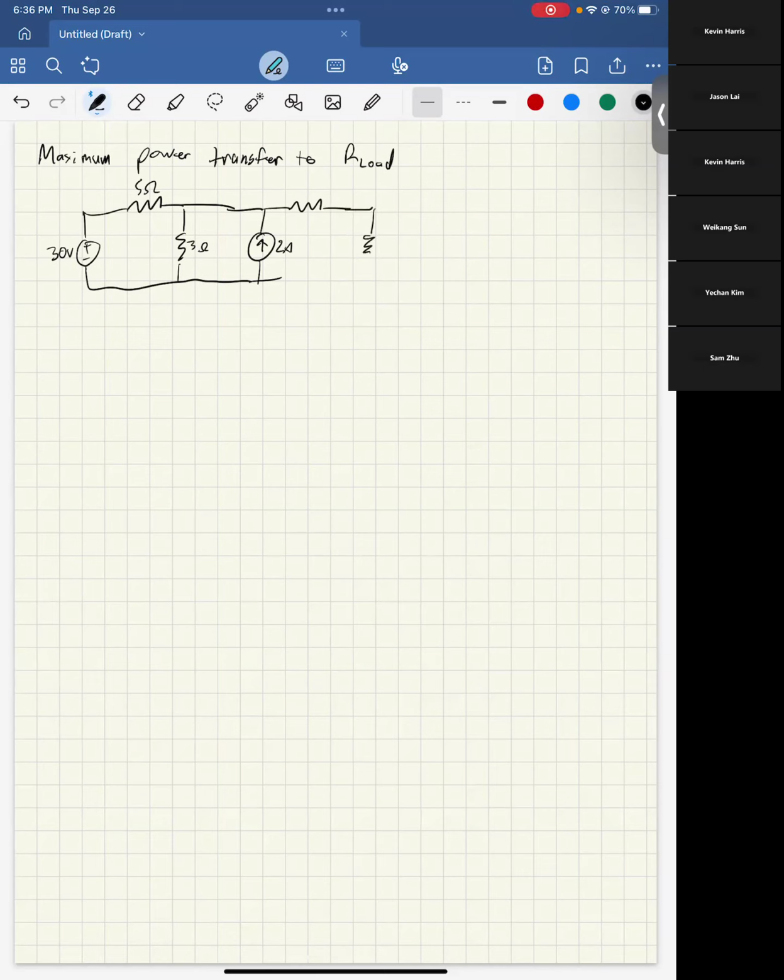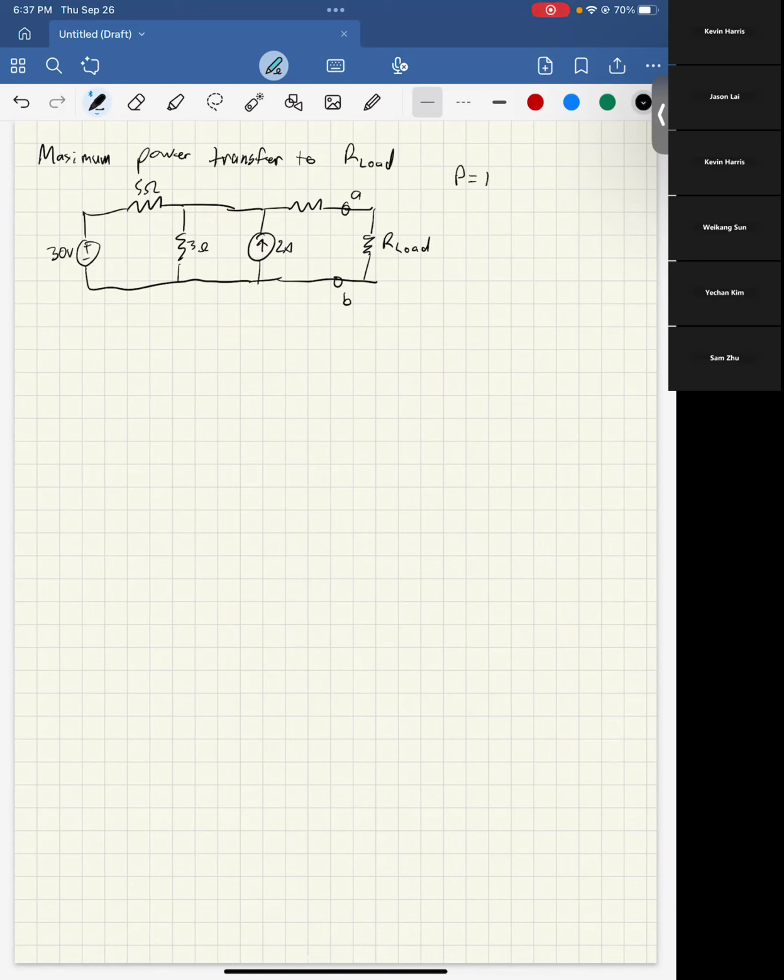And then we got our load resistor, lowercase a. And this is our load. And yeah, so this question is asking for what is the maximum power that can be dissipated through our load.